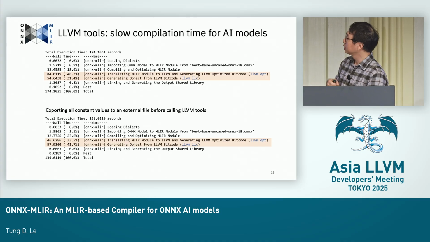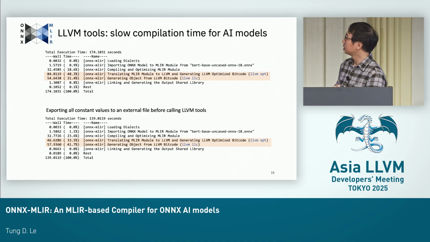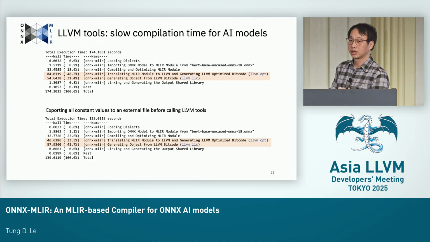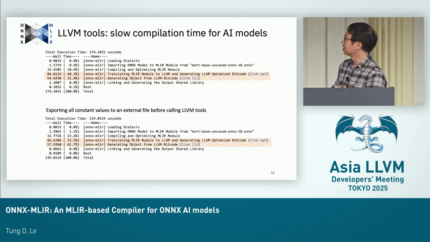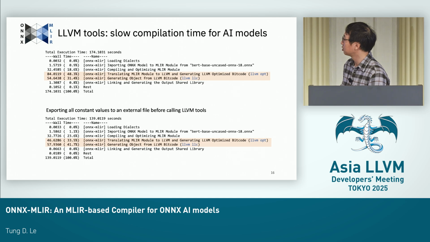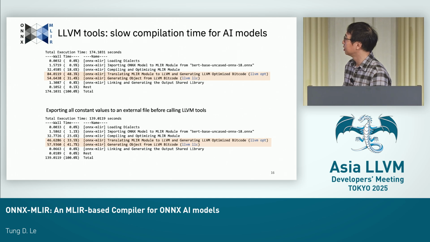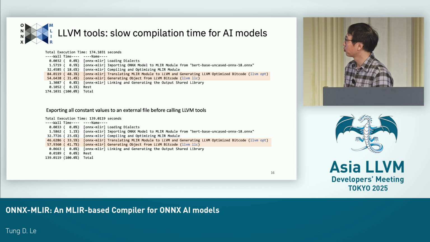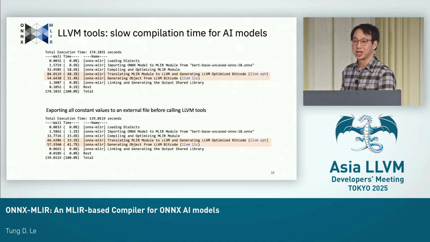But after that, we translate the MLIR to LLVM and generate bitcode, then generate an object from LLVM. So we are using the LLVM tools like OPT and LLC. You can see that the LLVM tools take 79% of the compilation time.